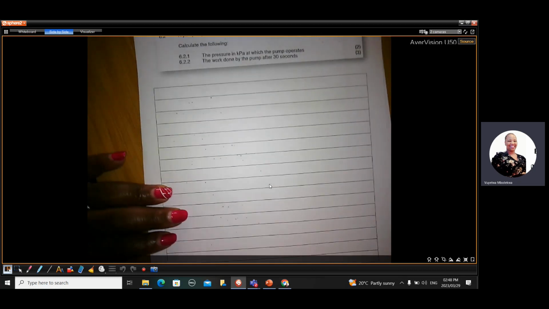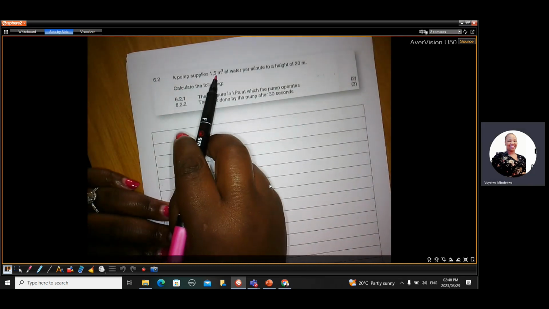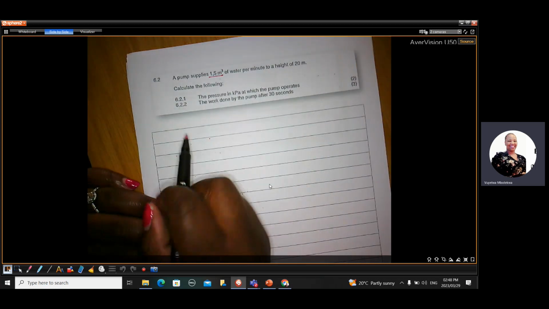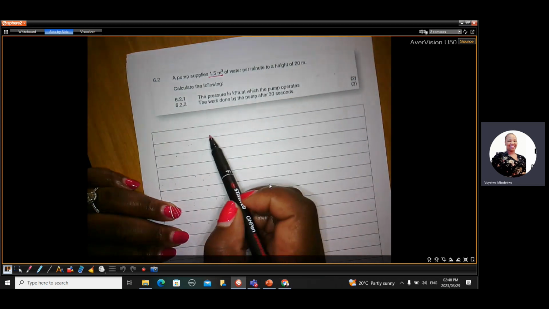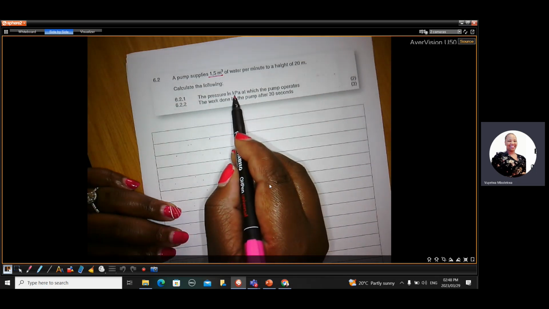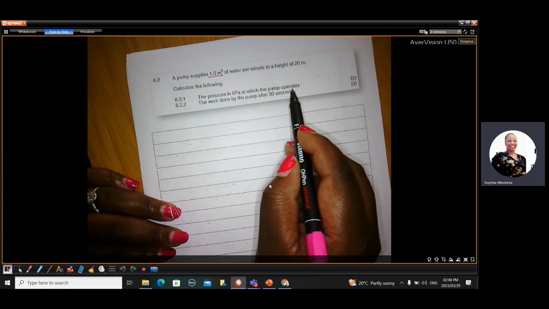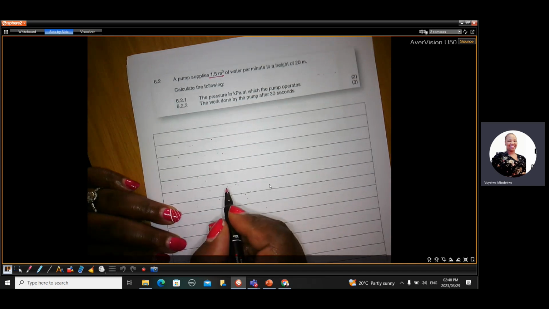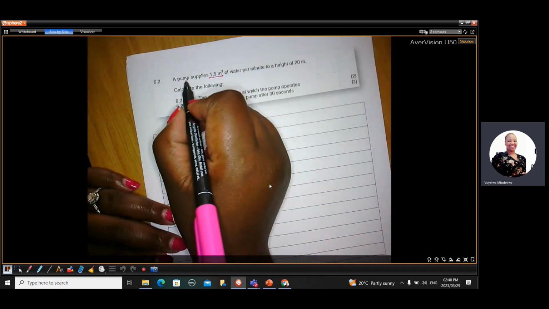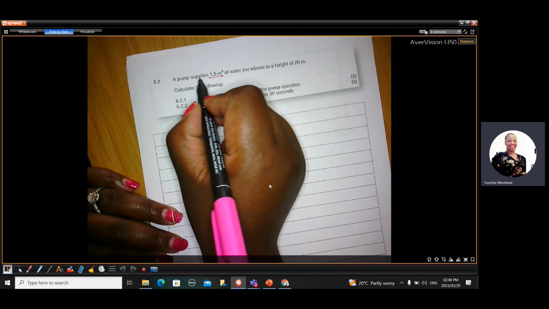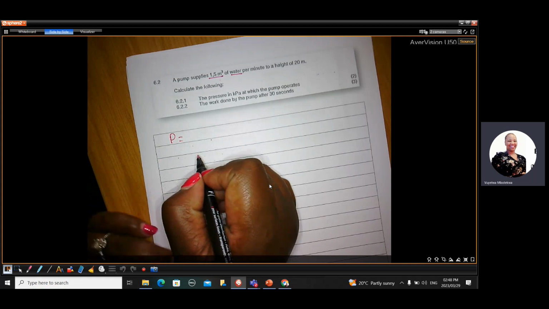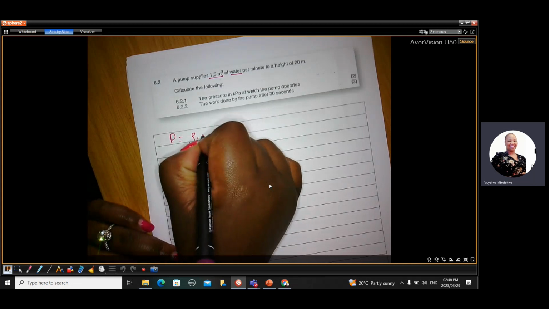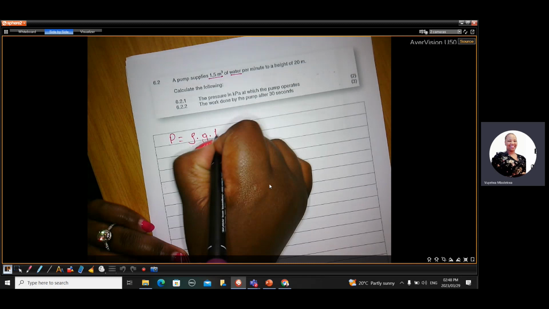Then the next question can be this one. A pump supplies this volume, already given in cubic meters now, of water per minute to a height of 20 meters. Calculate the pressure in kilopascals at which the pump operates. Okay, so this is transporting water. A formula to calculate pressure equals density times gravity times height.